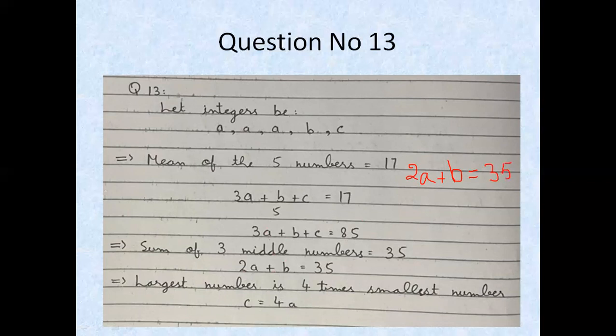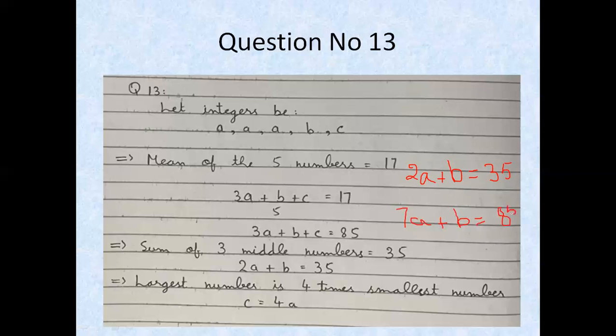And in this equation where you have 85, 3A plus B plus C equals 85. In the place of C, I can write 4A. So 4A plus 3A will become 7A, plus B equals 85.